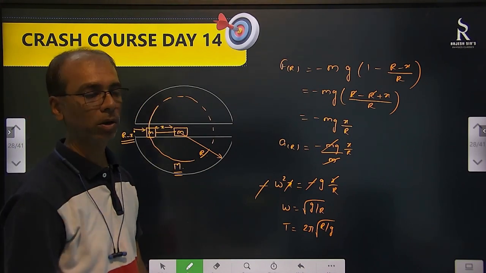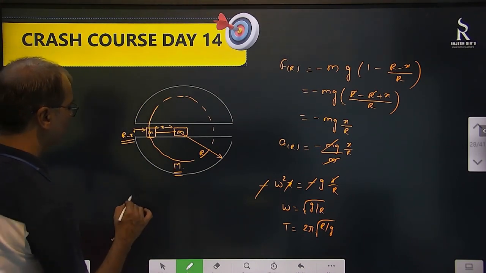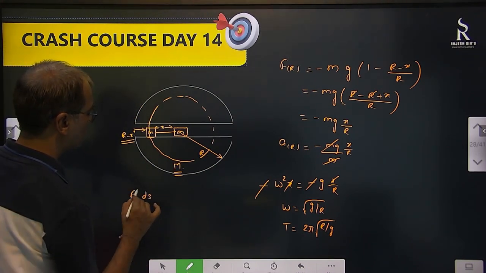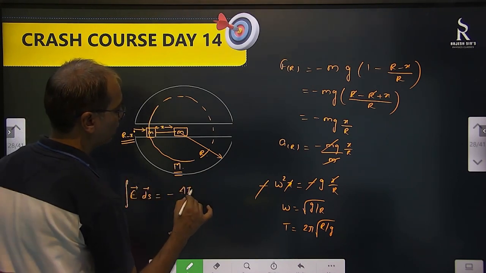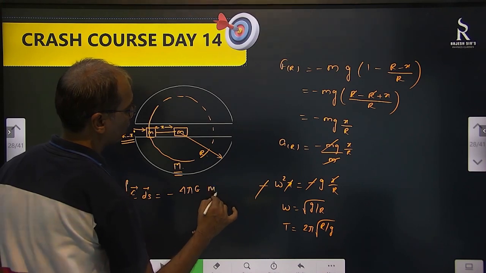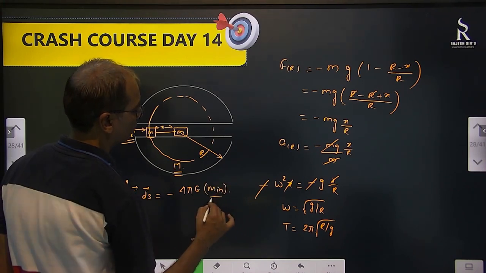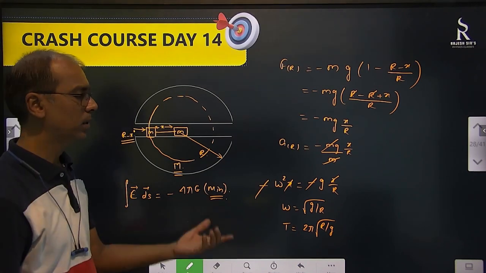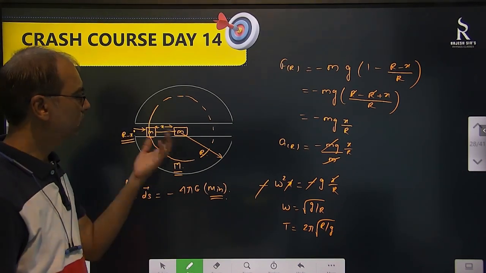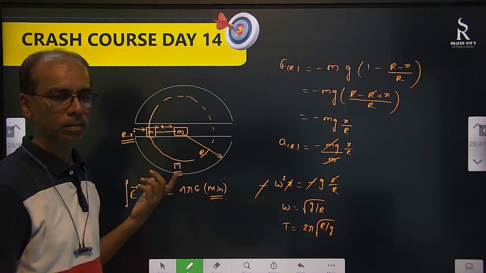Do you remember the Gauss law? Gauss law was what? Integral of E dot dS equal to minus 4 pi G mass inside. Yeah, minus 4 pi G mass inside. So that also you can use. Shall we use it one more time?